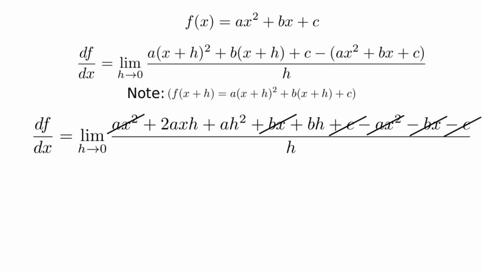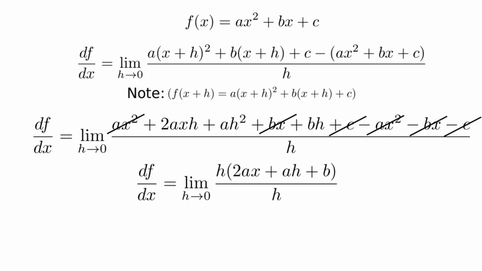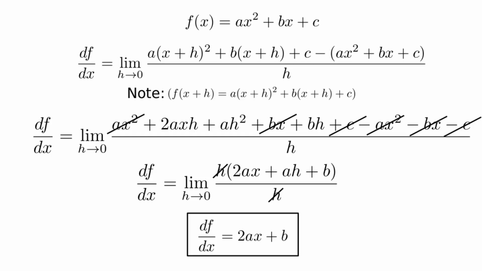Most importantly, in the numerator, we can take an h out of every term. This h in the numerator will cancel with the h in the denominator, leaving us with 2ax plus ah plus b. Finally, we can take the limit as h goes to 0, and we find that the derivative of the parabola is df dx is equal to 2ax plus b.